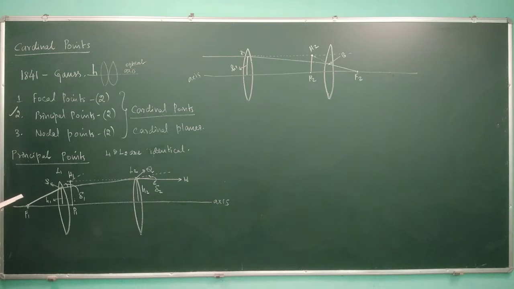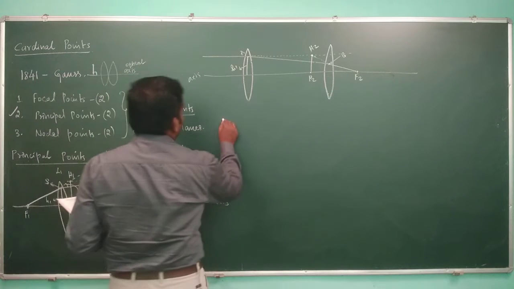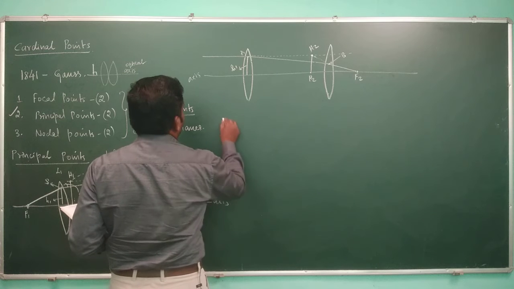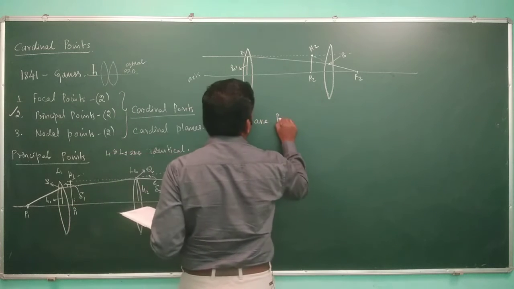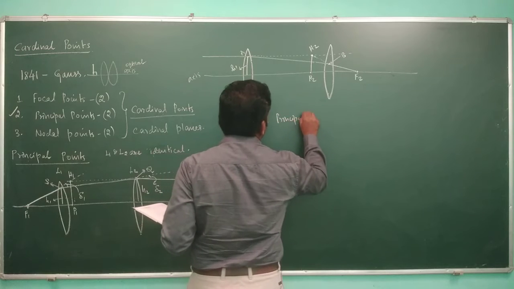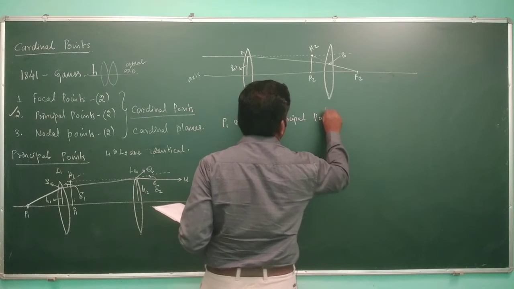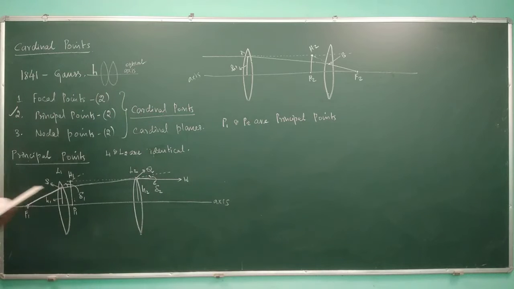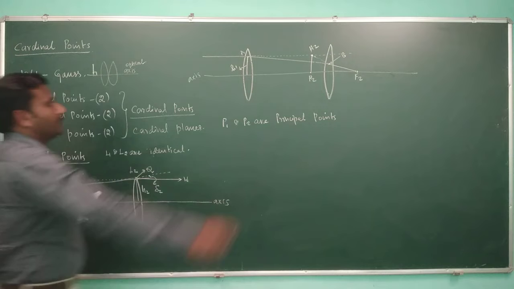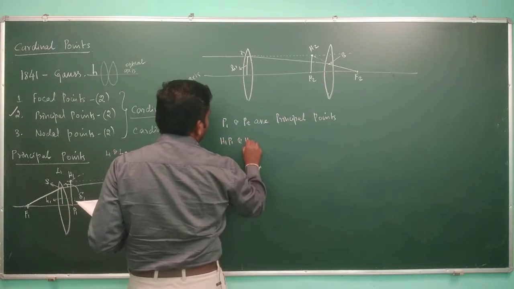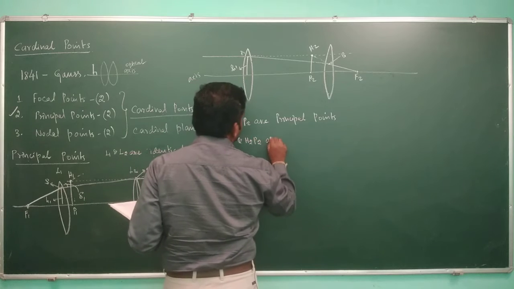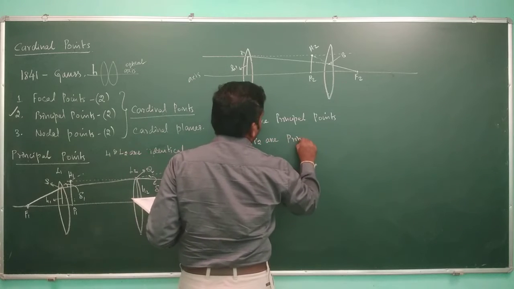Now, P1 and P2 are called principal points, and the perpendicular lines from H1 to the optical axis and H2 to the optical axis, that is H1P1 and H2P2, are called principal planes.